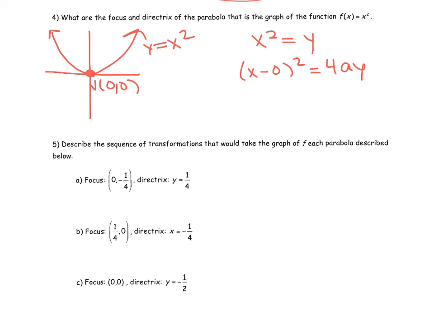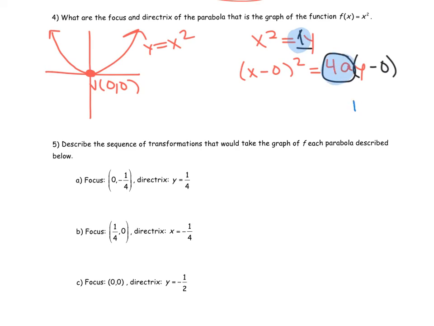We can actually write this as (y - 0) because the vertex is at (0, 0). We also know that there is only a value of 1 in front of y. If the equation is 4a times the quantity y - 0, we set these two pieces equal to each other.